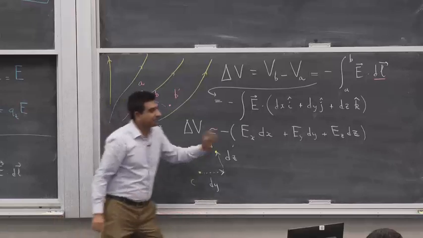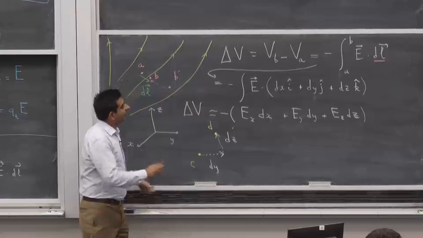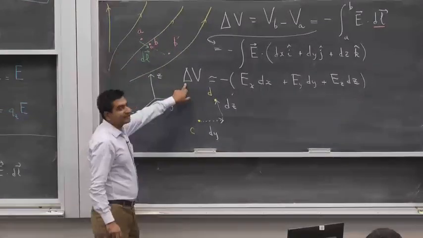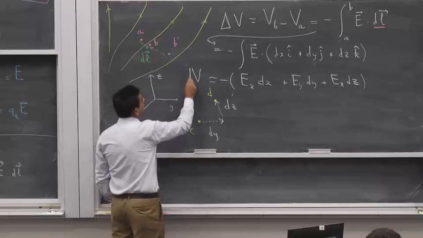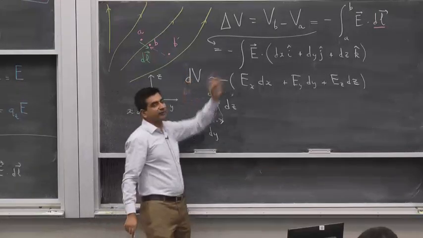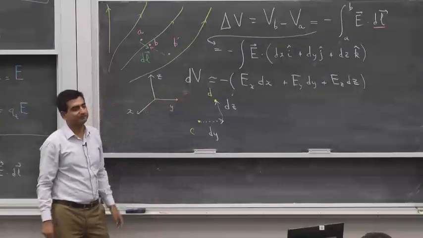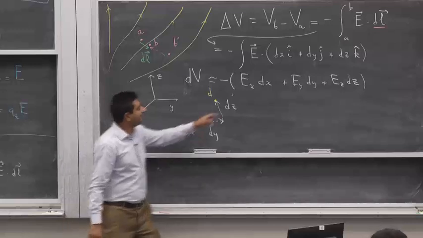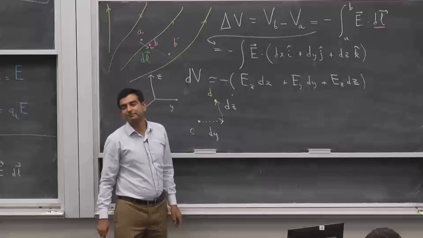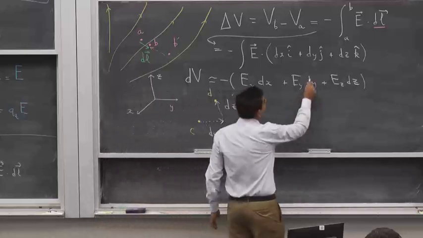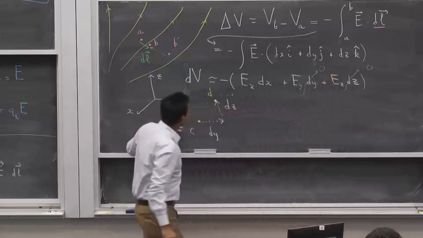Now if you look at this expression, I can replace this delta V by dV. I can always do that because it's a small change in potential. Everything is small, that's why I've gotten rid of this integration sign. Now if I look at this expression, this means that if y and z do not change, if this term is 0 and this term is 0, I'm only moving along the x direction.